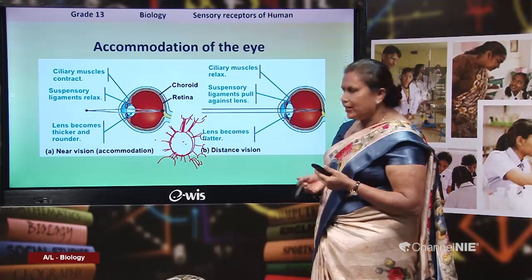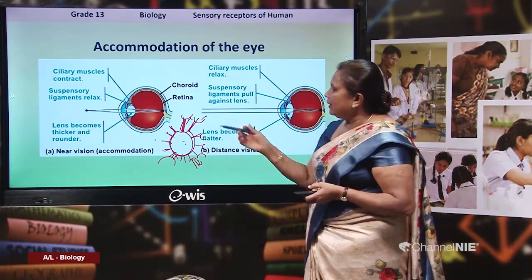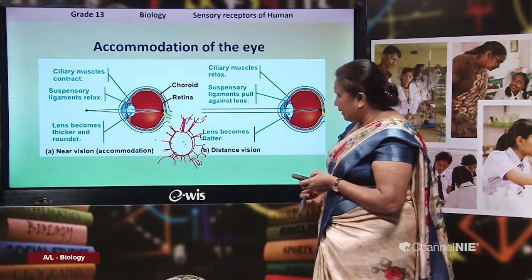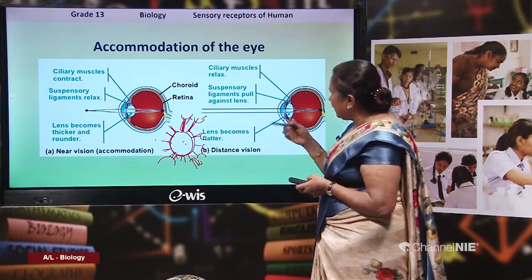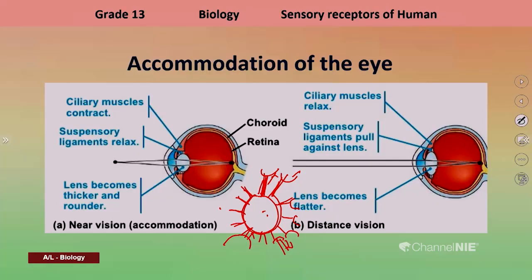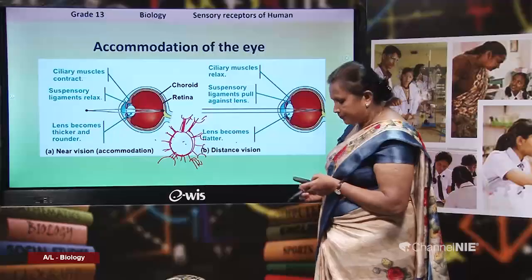So that is how it happens. The accommodation is necessary for near vision. Then on the other occasion you can see the ciliary muscle relaxes, and the suspensory ligaments pull against the lens and it becomes flatter.